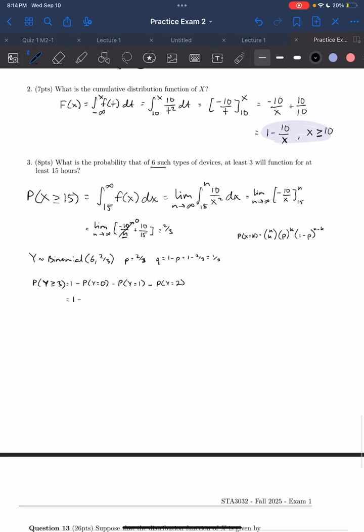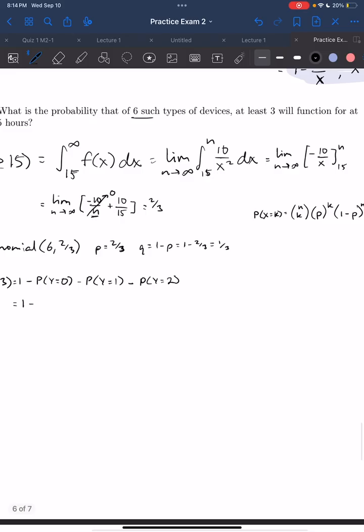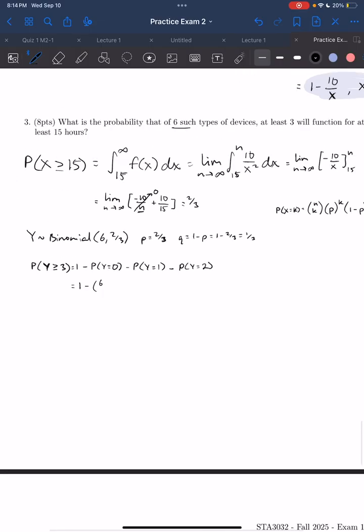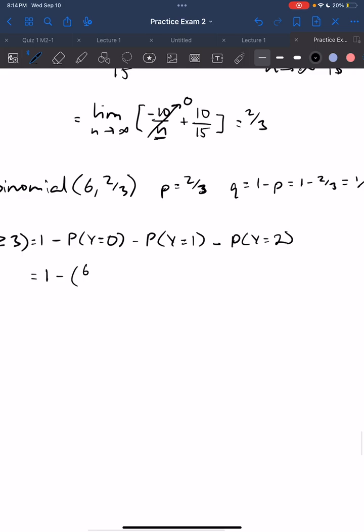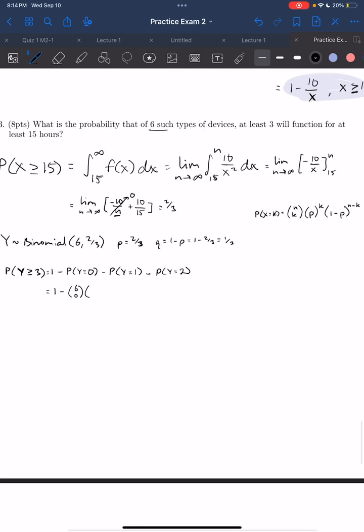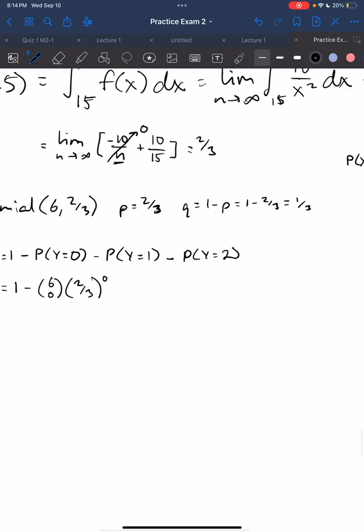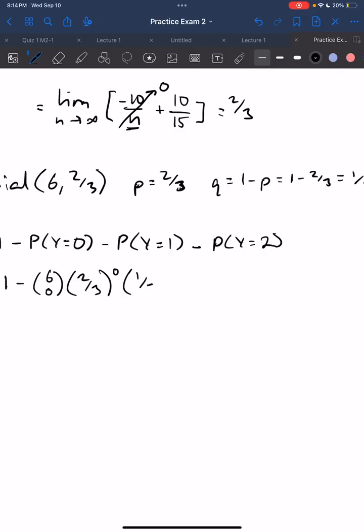And now we can use that here. So we have 6 trials, and here we'll have 0 successes, and then we'll multiply it by our p-value of 2/3, the probability of success, to the power of the number of successes, that's 0, and then 1/3 to the power of the number of failures, which is all 6.